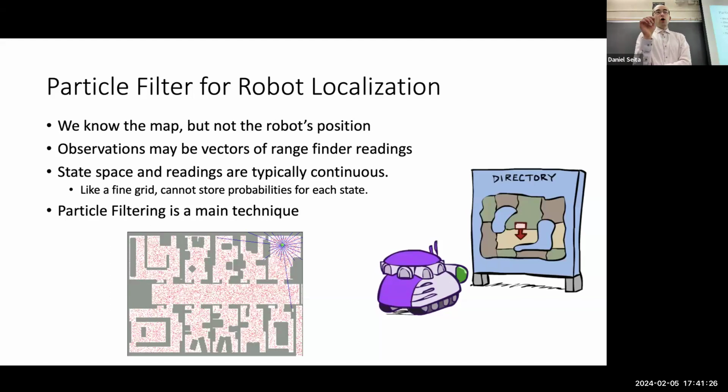Particle filters are often used for robot localization. Again, that's the example that I was talking about earlier, where maybe you have some kind of map of the environment, but you don't know the robot's actual position. That position is the thing that we're trying to get. But we may have some sensor reading. Here, we're not going to assume that we have a GPS.